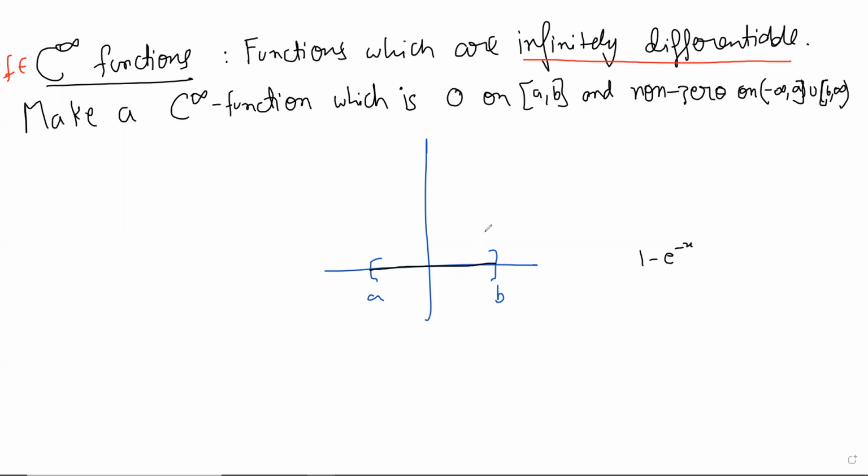The function should have a skeleton which allows it to change its values, but then we have to put the flesh in the right way so that it is differentiable. The problem will only be at a and b, the differentiability question, right?